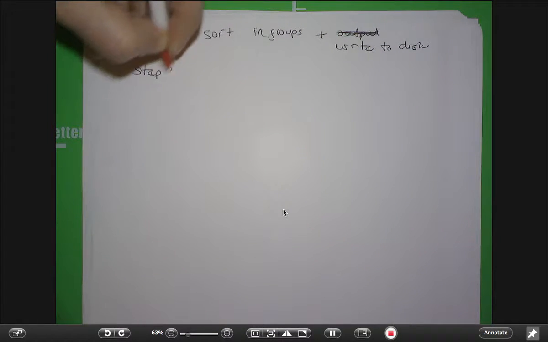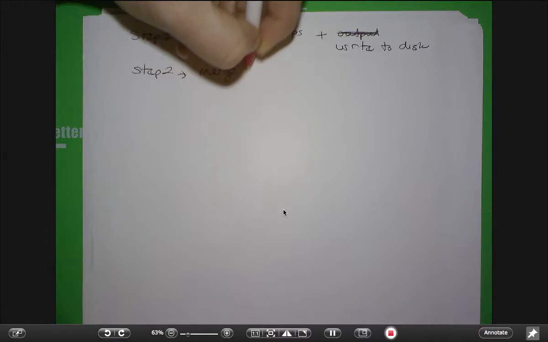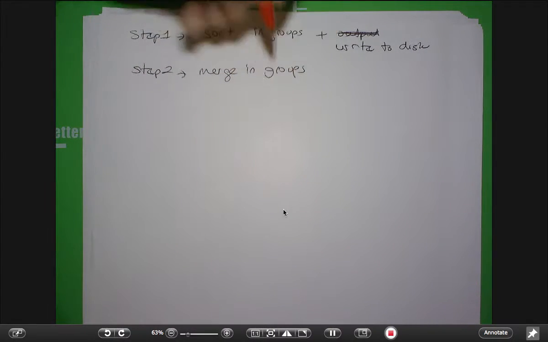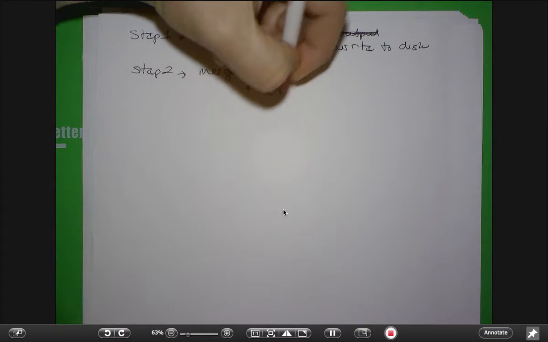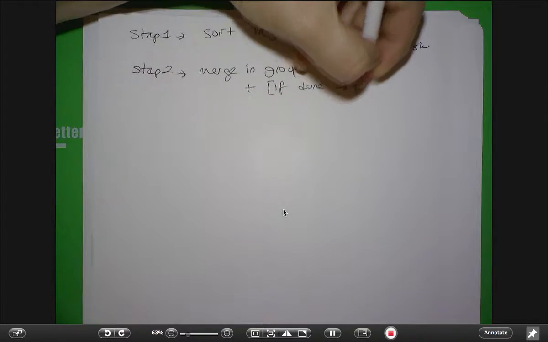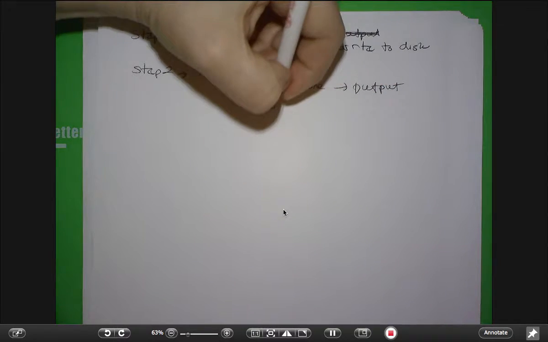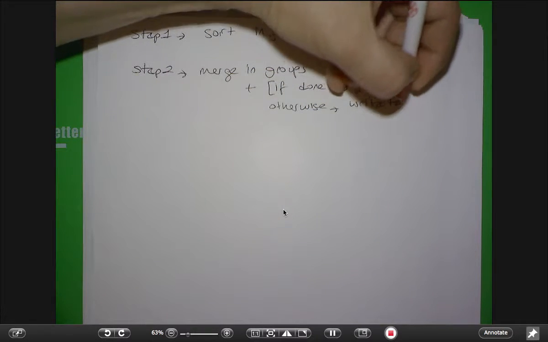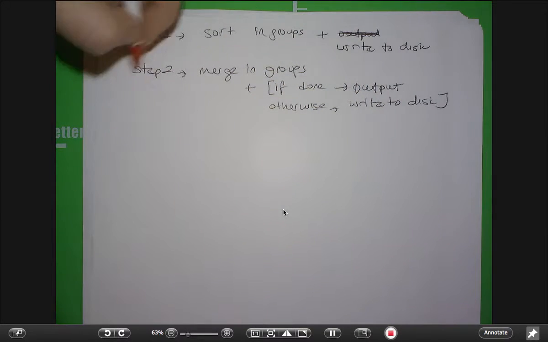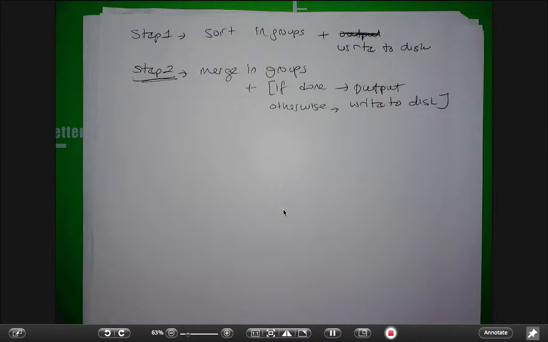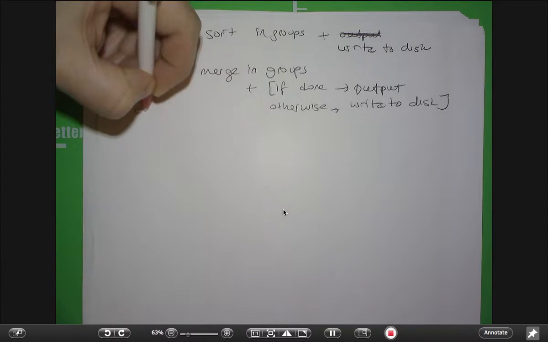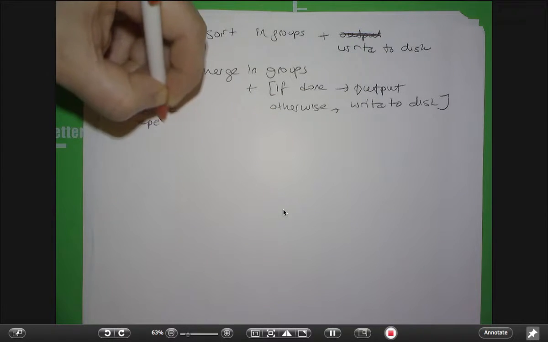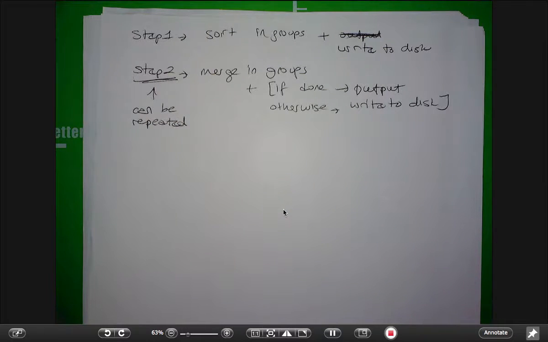And step 2 is merge in groups, and if done, output. Otherwise, write to disk. So step 2, you may actually end up repeating many times if you cannot finish it at once. So this can be repeated. And if you're repeating it, that means you have to write the data back.